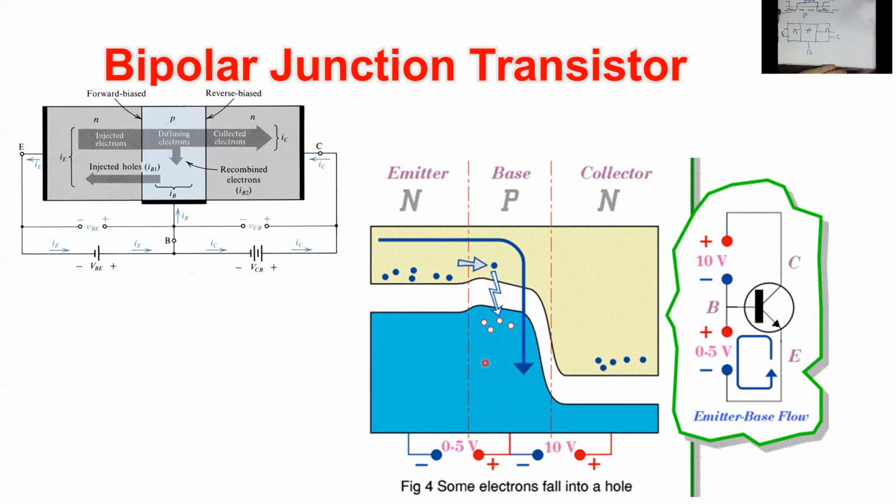Of course, this is an unwanted phenomenon because, for example, when you have 100 electrons traveling from the emitter to the collector, if 50 of them recombine here, then you lose 50% of your current.